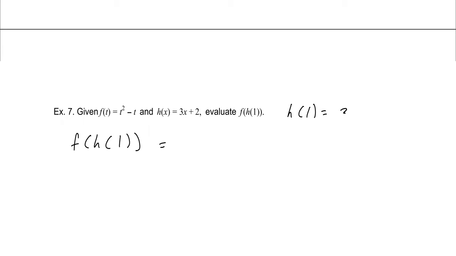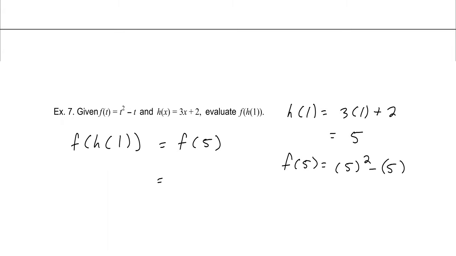That is 3 times 1 plus 2, which is 5. So this is f of 5. Now f of 5 is 5 squared minus 5. That's 25 minus 5, or 20. So f of h of 1 is 20.